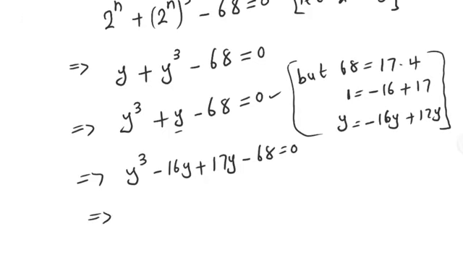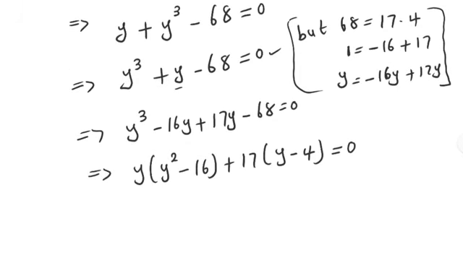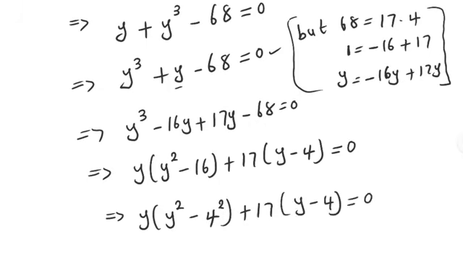Then here we have y bracket y square minus 16 plus 17 bracket y minus 4 is equal to 0. This is y bracket y square minus 16, which can be written as 4 square, plus 17 bracket y minus 4 is equal to 0.